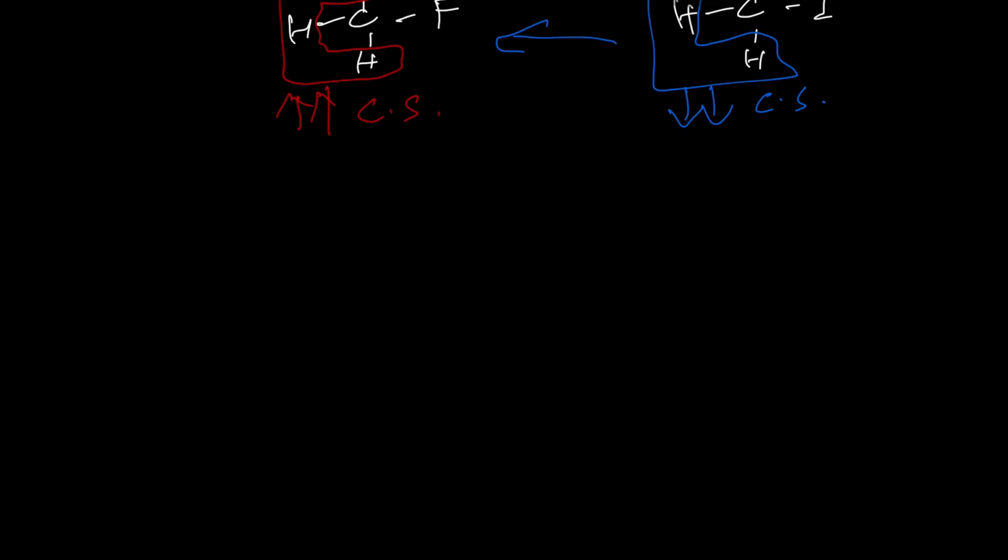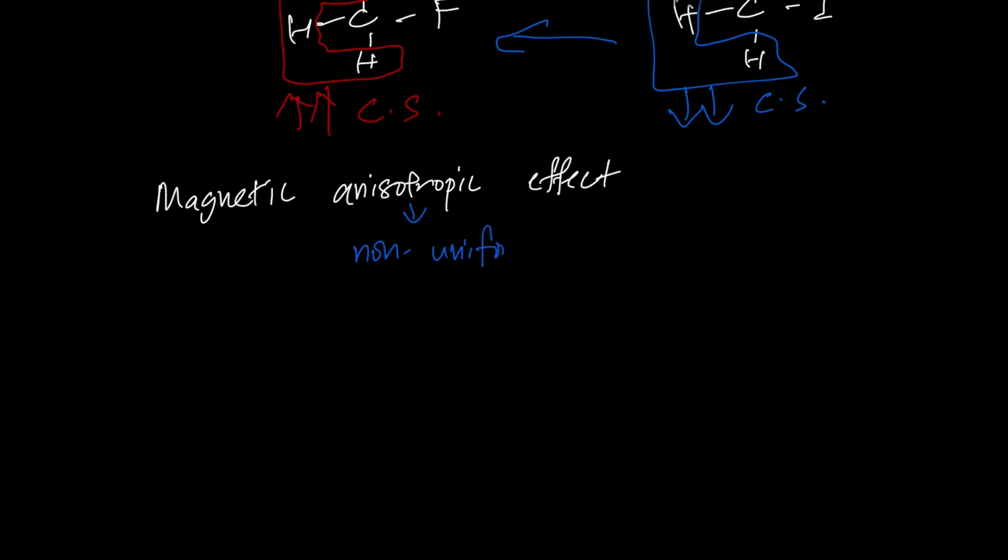So next, we move to another factor. We have seen the electronegative atom and the electron withdrawing group that lead to de-shielding effect. Another effect is called the magnetic anisotropy effect. Anisotropy means non-uniform.